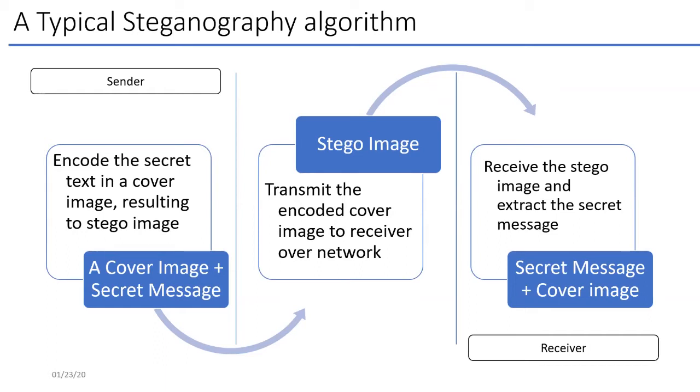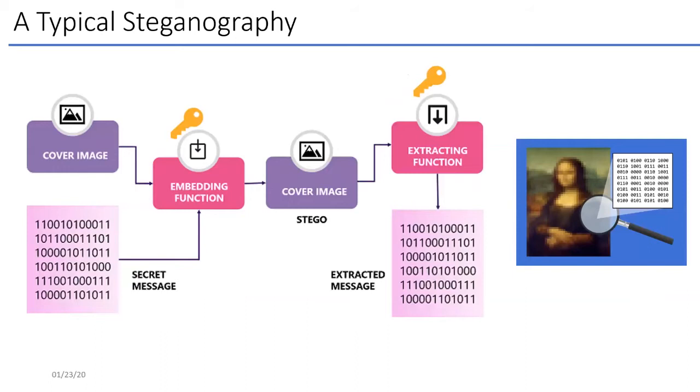Once the receiver receives it, he does the vice versa of what was done on the sender side, and then decodes the message, not decrypts. This is a pictorial representation. For example, you take a cover image, convert your secret message into binaries using the embedding function, embed it, and that is called the Stego image, and send it through the network.